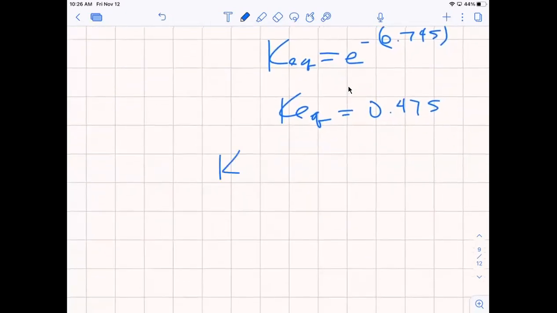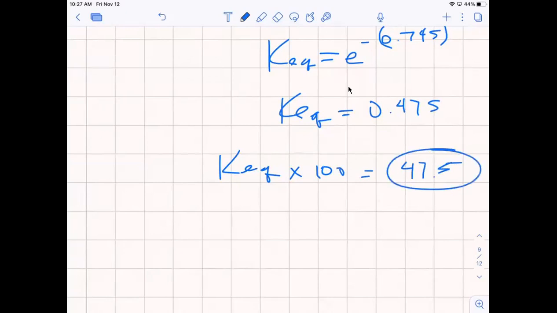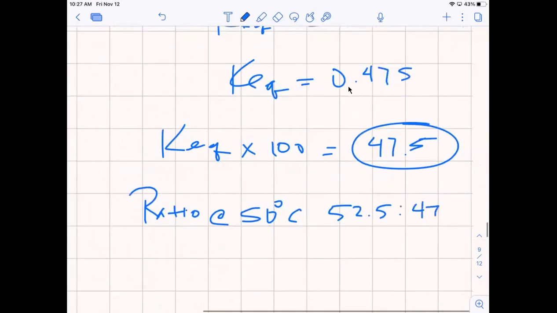If I take KEQ times 100, that's going to give me 47.5. So that's the low number in the ratio. So the ratio at 50 degrees is 52.5 to 47.5.